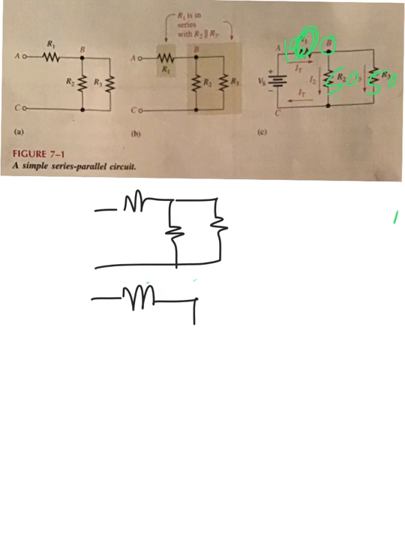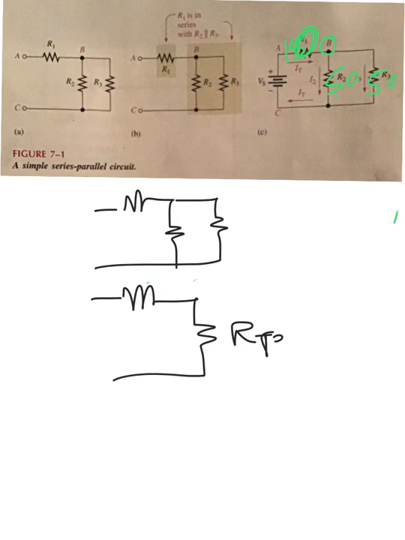And what we would do is we would break this circuit down if we were working a problem and we had, say, 100 ohms here and 50 here and 50 here. What we would do is take the original circuit, then break it down by adding the R total of the parallel.